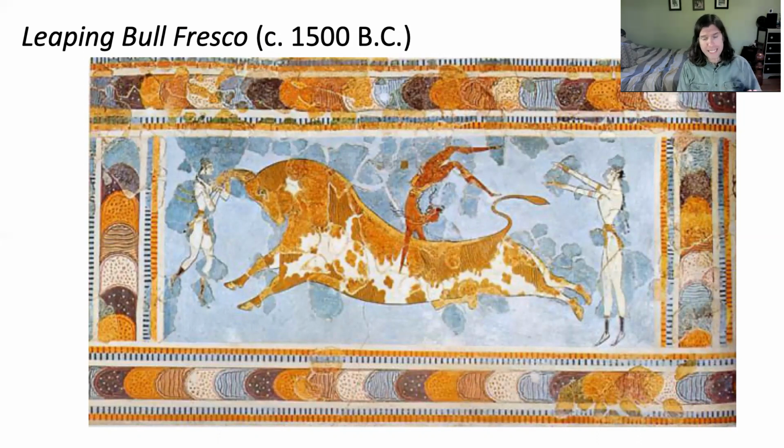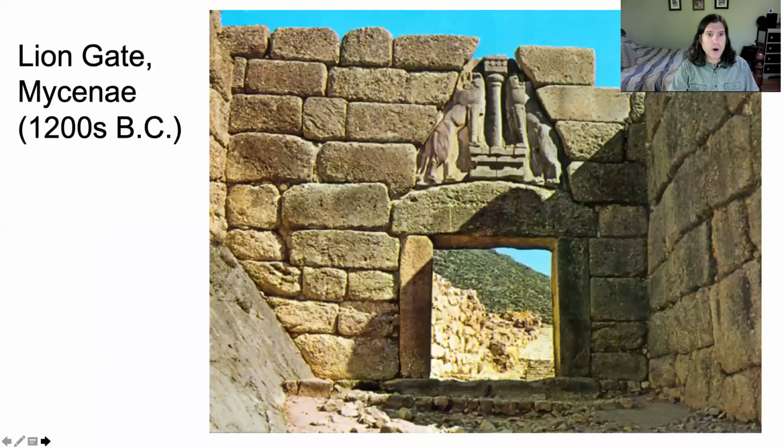And so Crete ends up getting taken over by the Mycenaeans. And that's the next culture that I want to talk about, the final culture that I want to talk about in this video. The Mycenaeans get their name from the city of Mycenae, which is in mainland Greece.